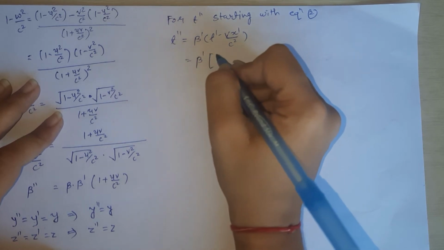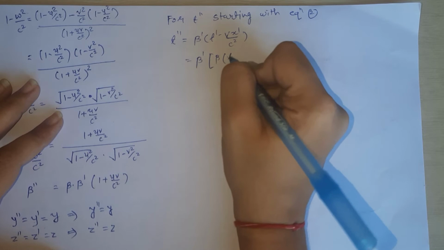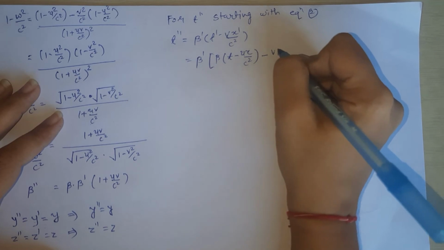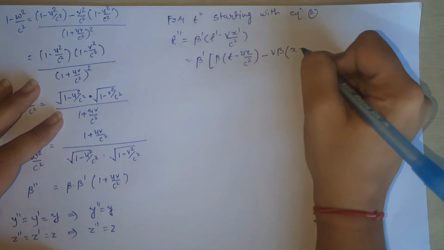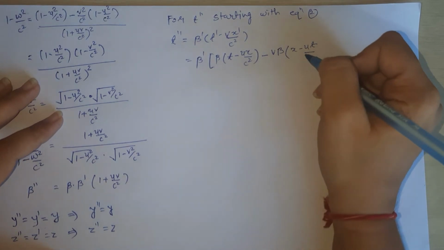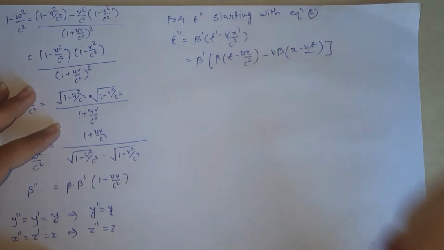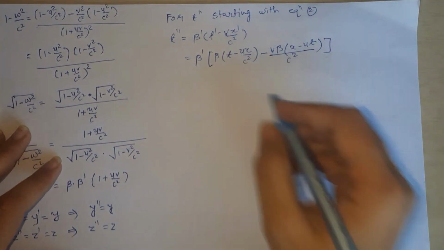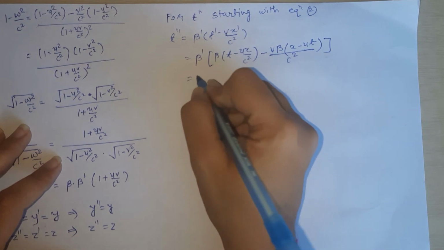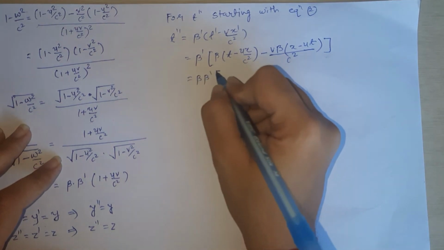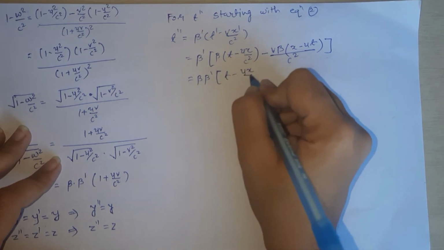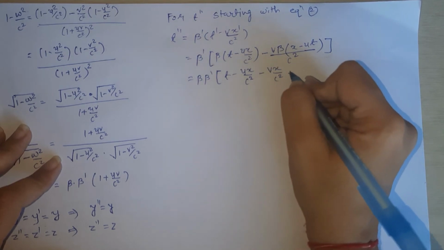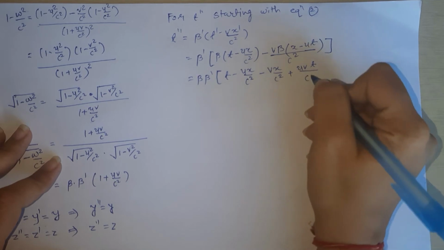Beta dash into beta into t minus ux upon c square minus v into beta x minus ut upon c square. From this, now we will take beta common. So what we get? Beta into beta dash into t minus ux upon c square minus vx upon c square plus uv into t upon c square.